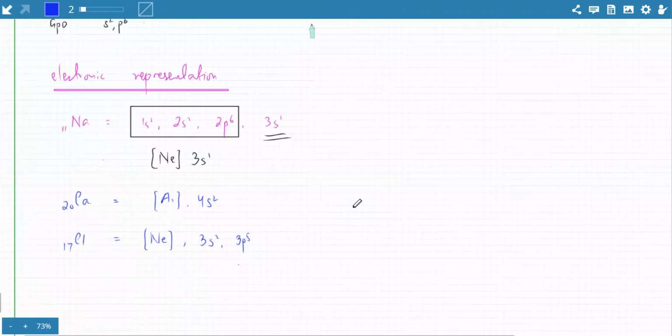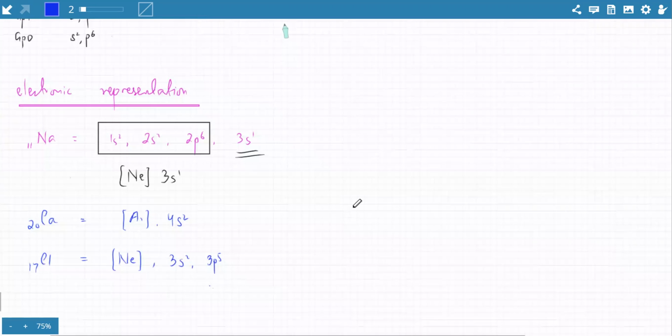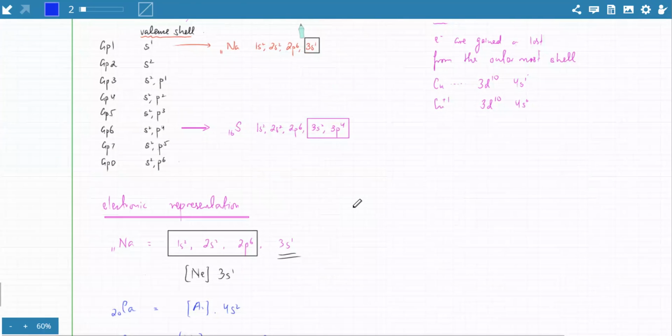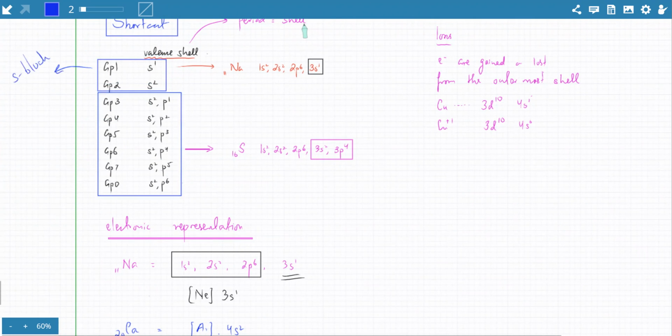Another thing to remember is that group 1 and group 2 are called your s block elements. It's obvious why, because the last electron goes into an s orbital. The rest are referred to as p block elements, because the last electron goes into a p orbital.